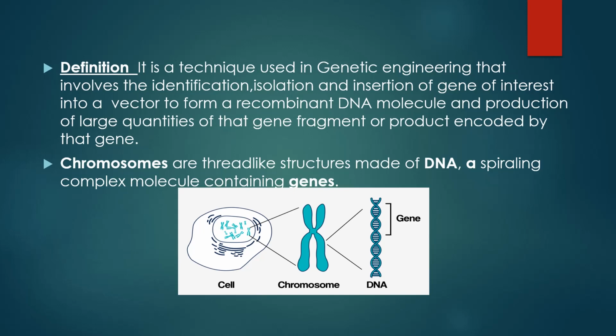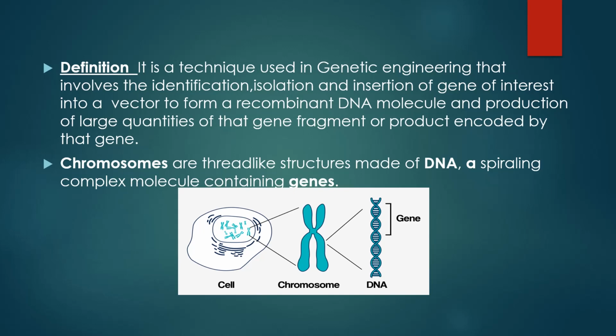So this is the definition of rDNA technology. The main motto of rDNA technology is the production of large quantities of the desired gene clone or the product encoded by the gene.